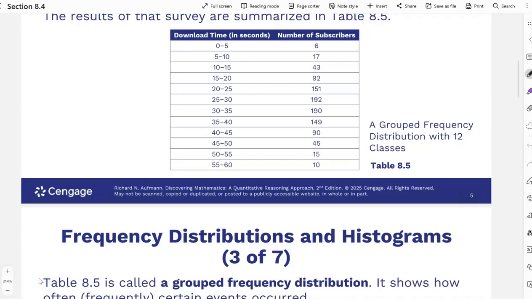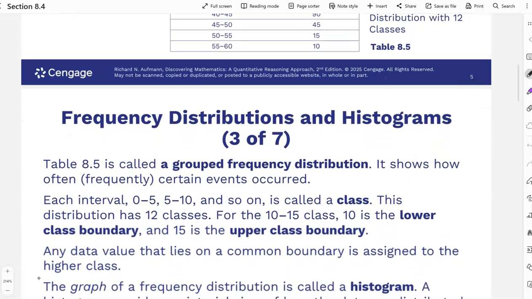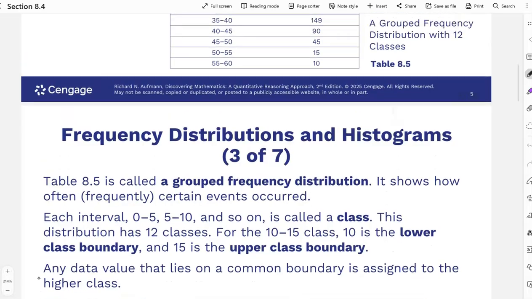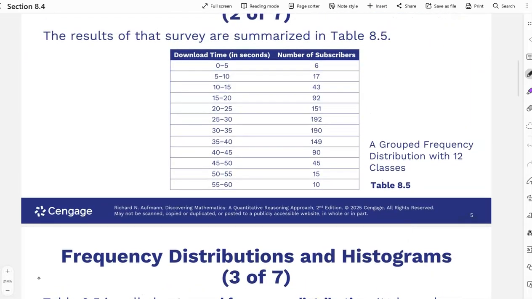Now we can start talking about some of the definitions. Each of these sectors is called a class. So that 0 to 5, 5 to 10, and so on is called a class. When we talk about lower class boundaries, we're talking about the lower end of each class. So my lower class boundaries would be 0, 5, 10, 15, and so on.